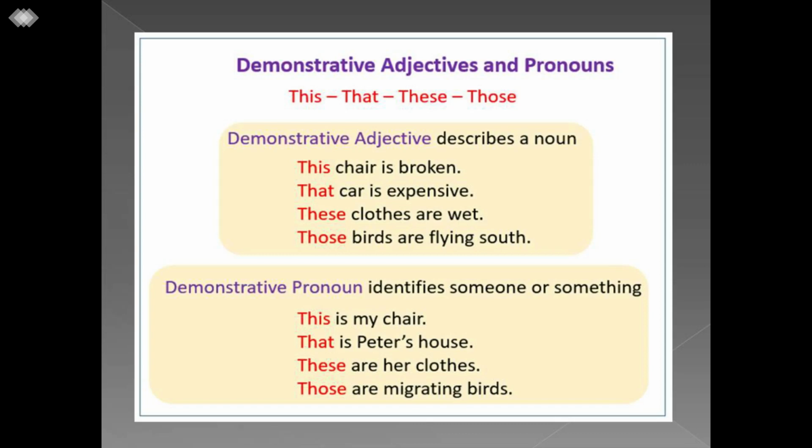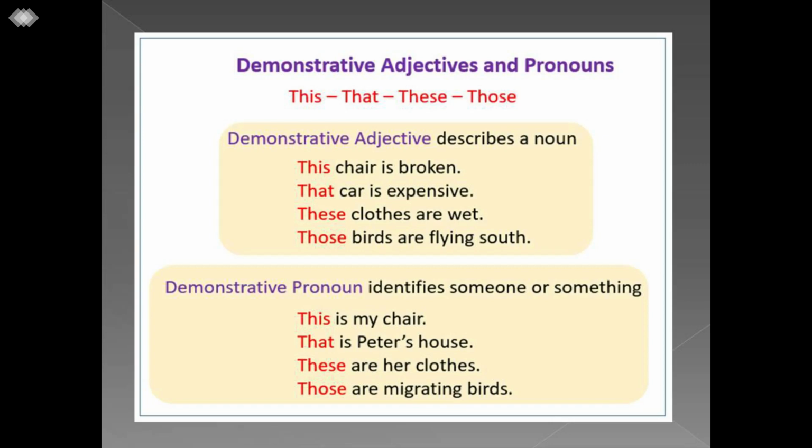A demonstrative adjective always describes the noun. For example, this chair is broken. Here the noun is chair and the demonstrative adjective is describing the chair by using the word this. That car is expensive, these clothes are wet, those birds are flying south.